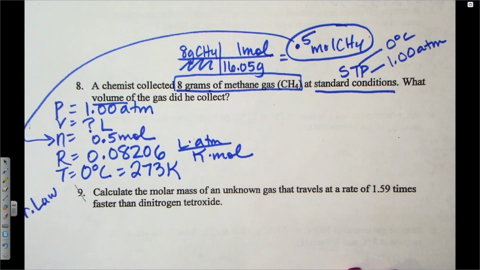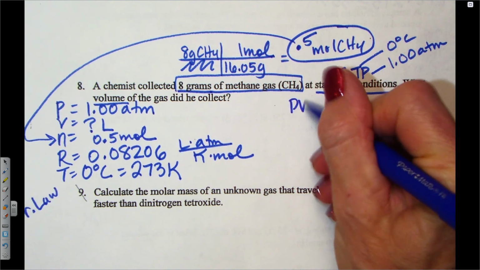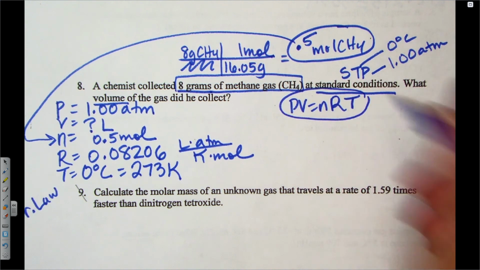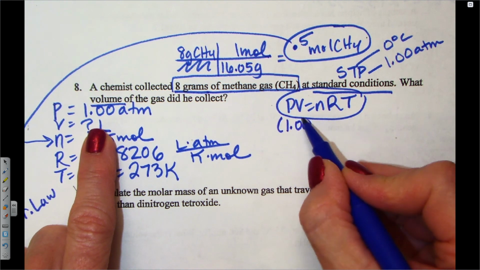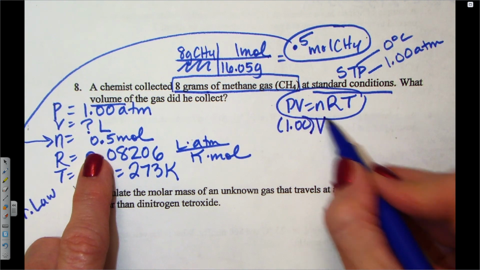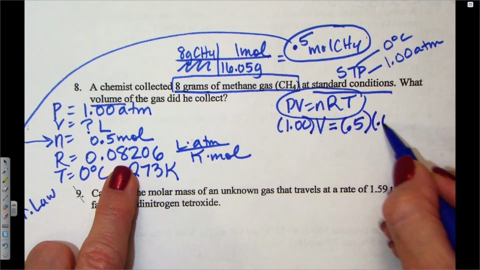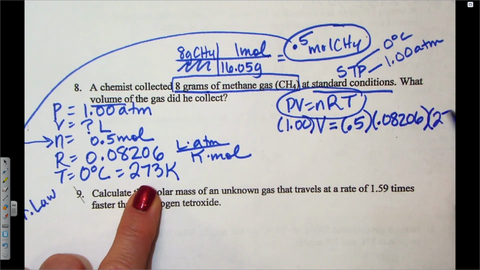All right. So now let's plug this into our ideal gas law formula. PV equals nRT. That is your ideal gas law. So let's plug in 1.00 times V equals 0.5 times 0.08206 times 273.